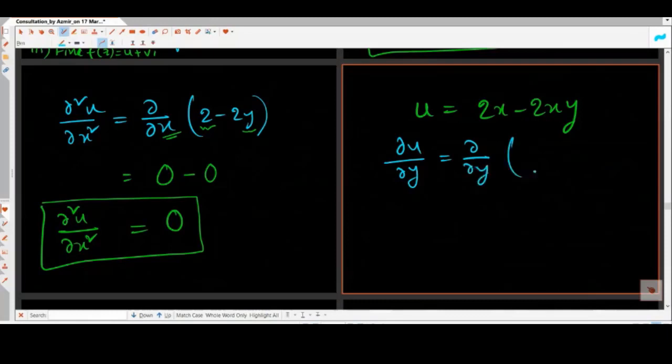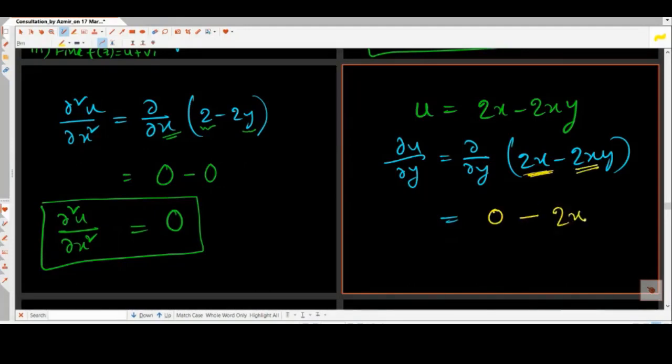So d/dy of 2x negative 2xy. So this time we are going to differentiate in terms of y. So x will be constant. So the derivative of a constant is 0. Negative 2x is constant. So 2x is pulled out. So the derivative of y in terms of y is 1. So finally we are getting negative 2x. So this is du dy.